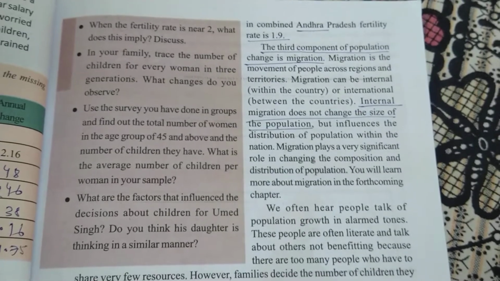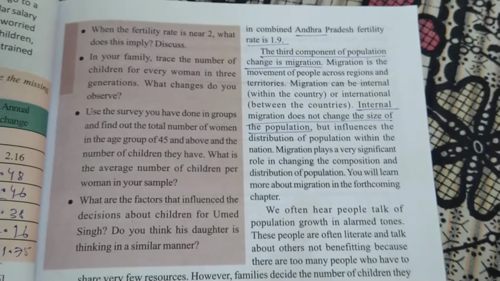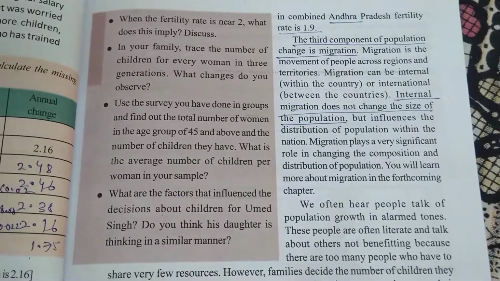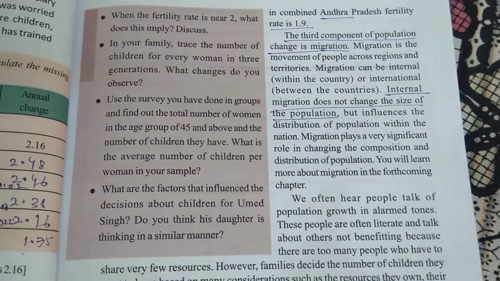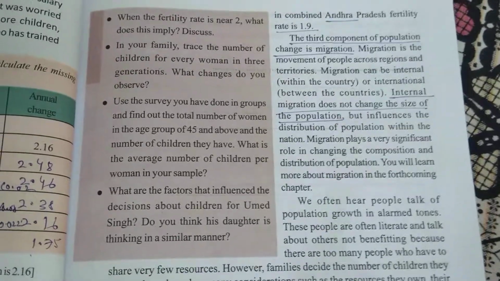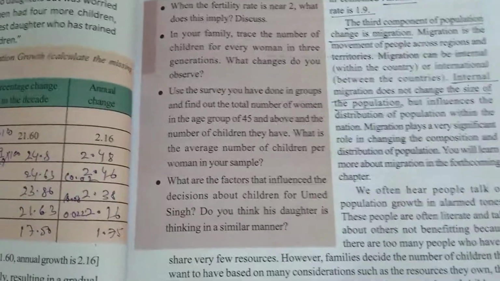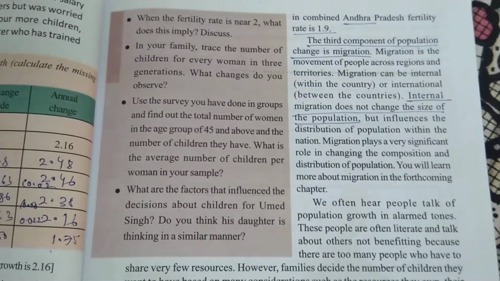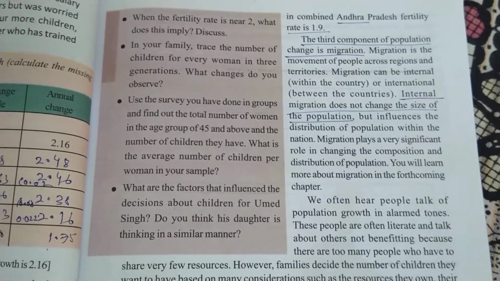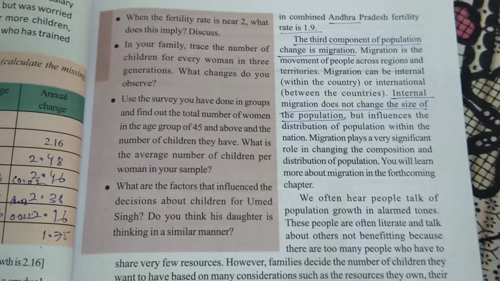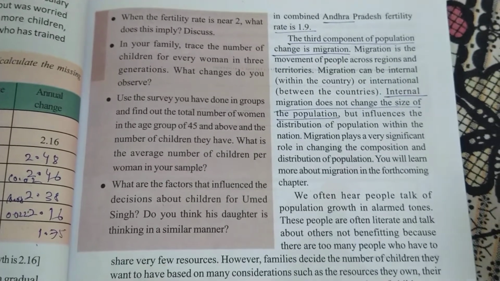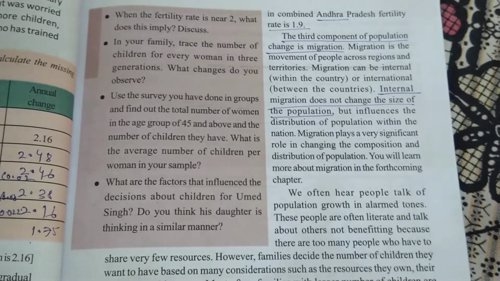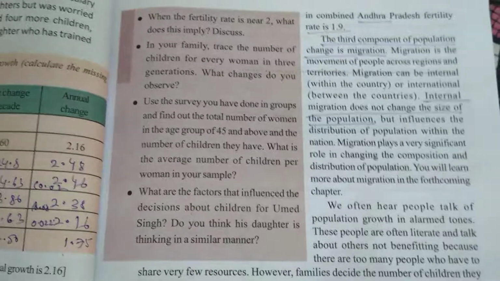So nowadays what is happening? Most of the people from rural areas are migrating to cities and towns. That's why in towns people are facing more problems. Slum areas are increasing, population is increasing, and they are sharing the facilities that were there in that place.